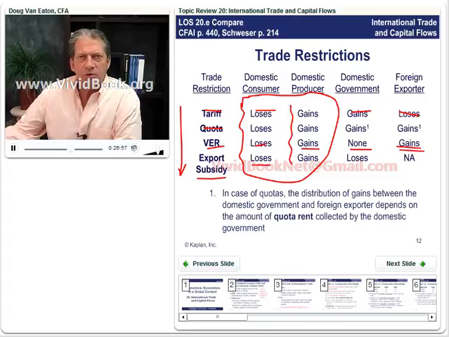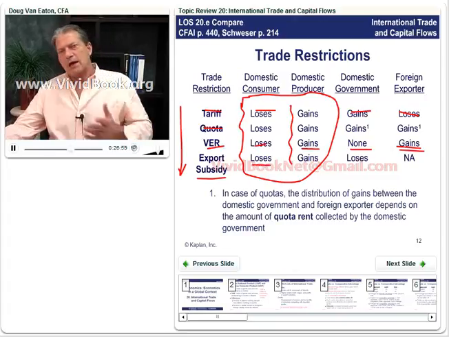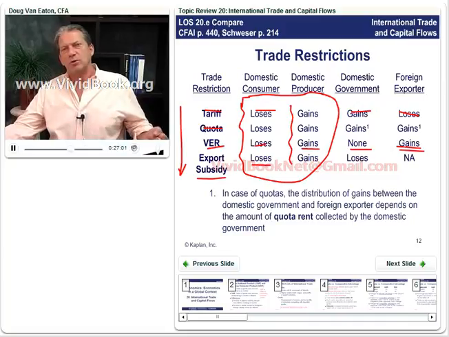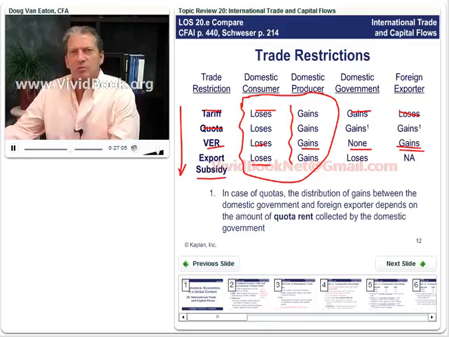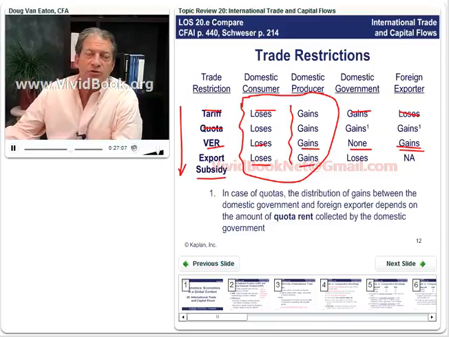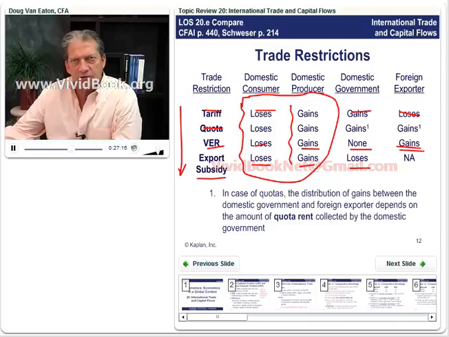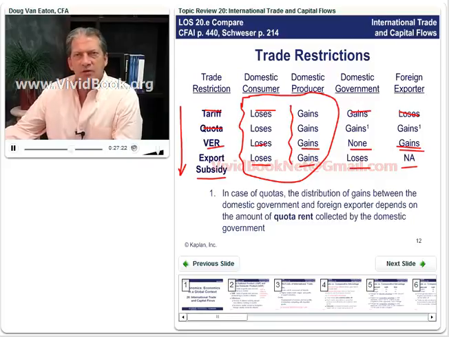Domestic consumer loses. Okay. We're actually saying we're going to subsidize exports, so we have more exports. That's going to raise the whole price. Domestic consumers lose. Domestic producers gain because we're subsidizing their sales to a foreign country. Domestic government loses because they pay the export subsidy, and the foreign exporter doesn't come into play in this scenario.